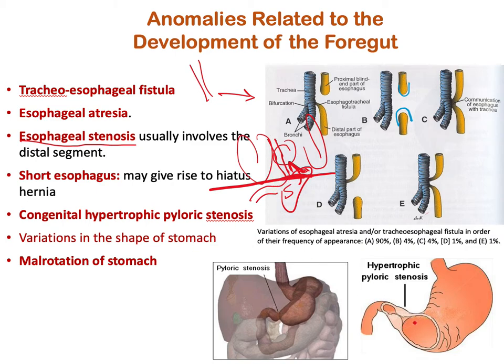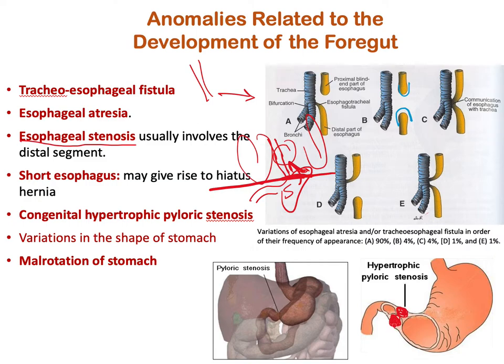Sometimes, also in the distal part of the stomach, you get hypertrophic pyloric stenosis, which is a congenital anomaly, in which the pylorus proliferates like this and creates a kind of narrow canal.